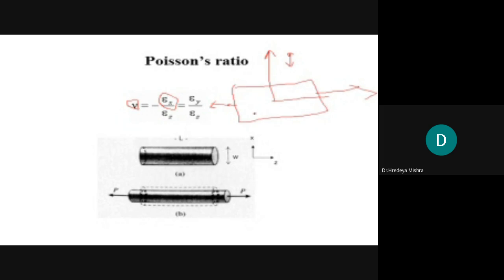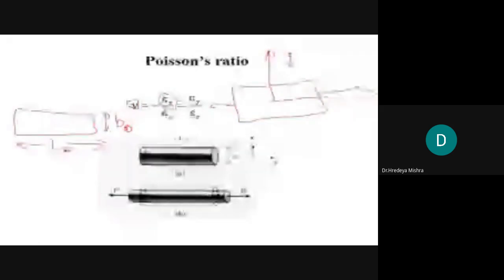For a simple example, say there is a specimen with length L naught and width B naught.